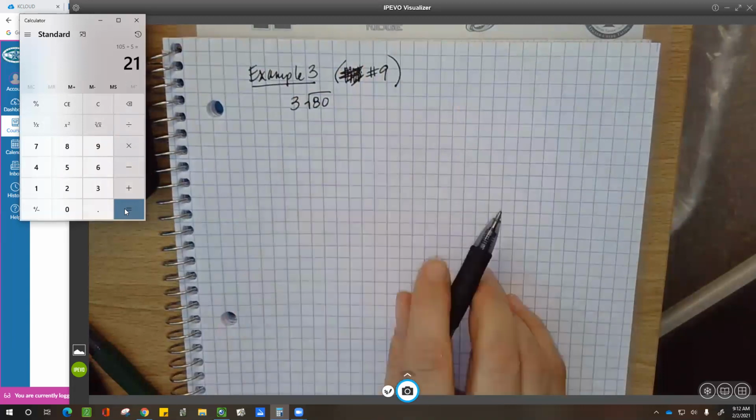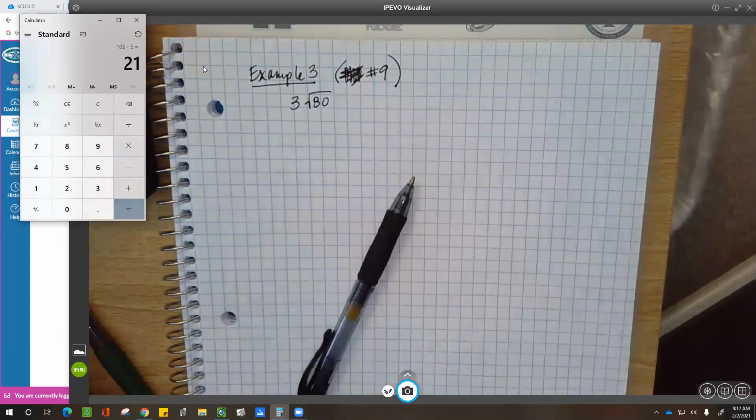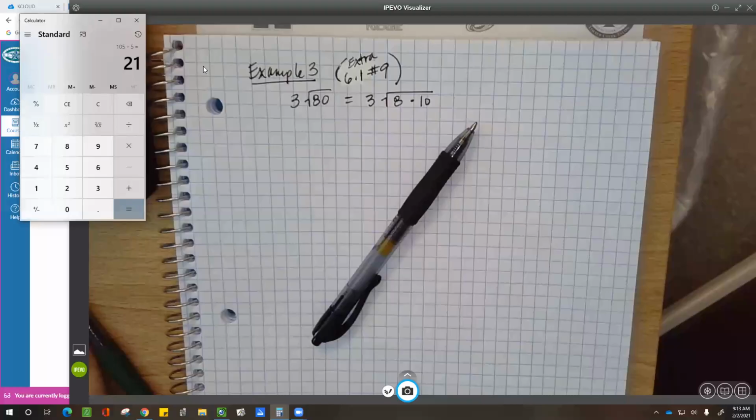And hit pause here. So when you started factoring, I'm not sure how you started, but I'm doing 8 times 10. I could divide by 2 and divide by 2 and divide by 2, or you can break it down whichever way is most obvious to you.